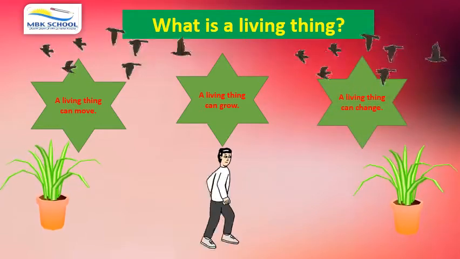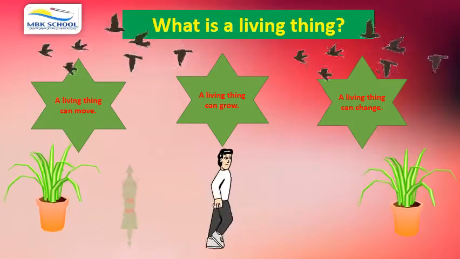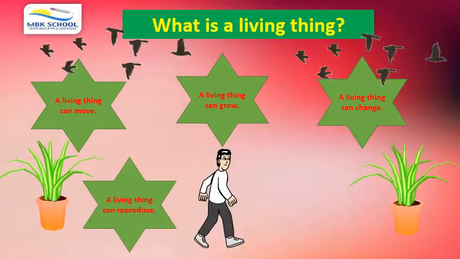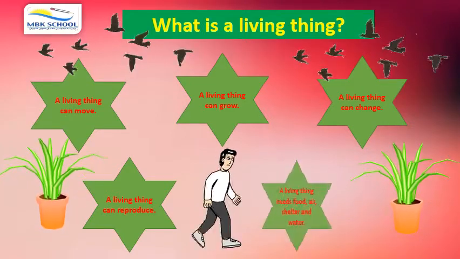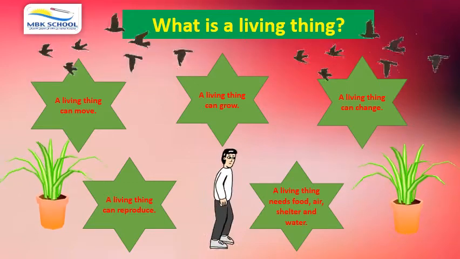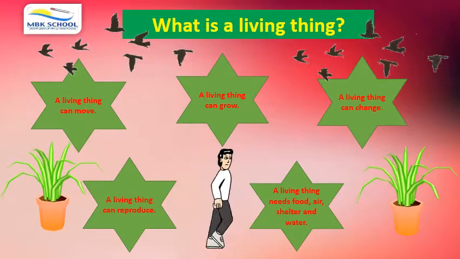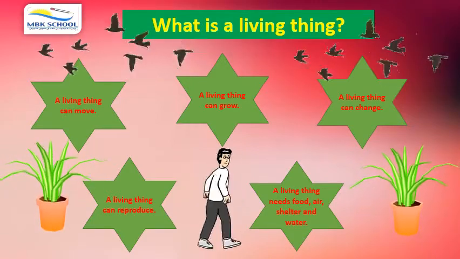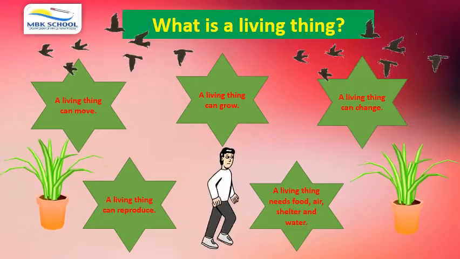A living thing can change. A living thing can reproduce. A living thing needs food, air, shelter, and water. Now, do you have an idea what these are and who these are?